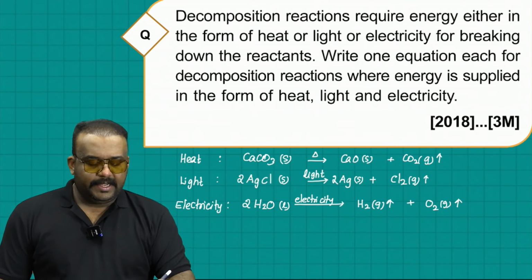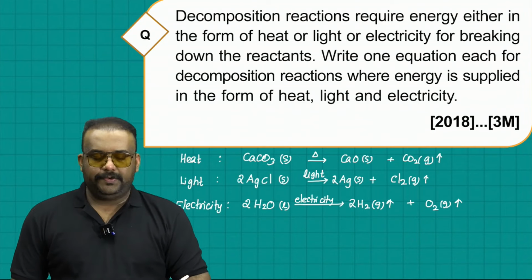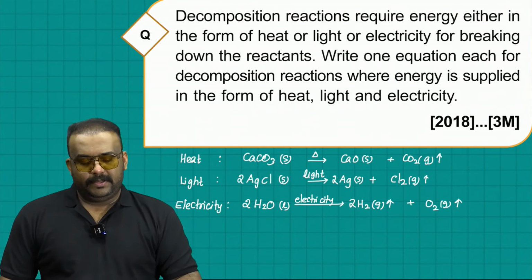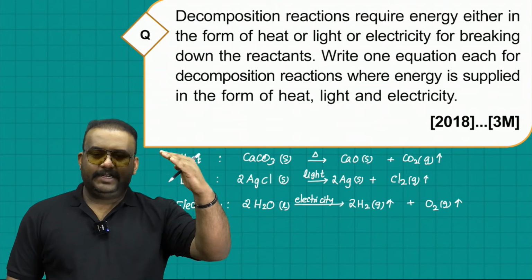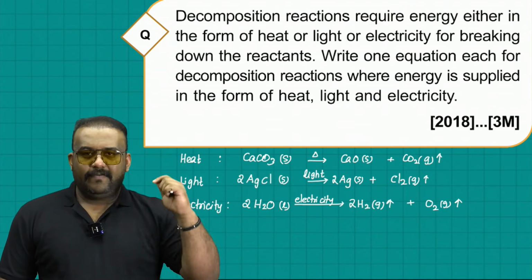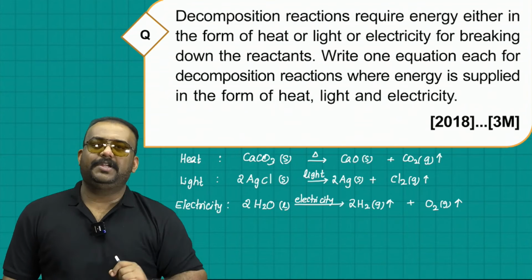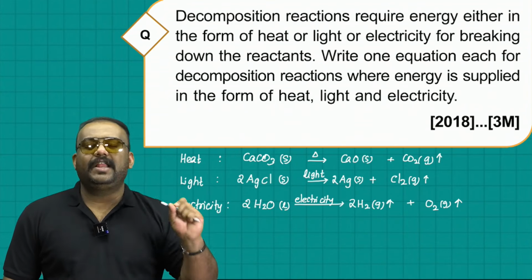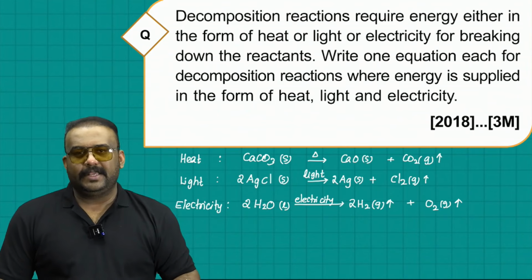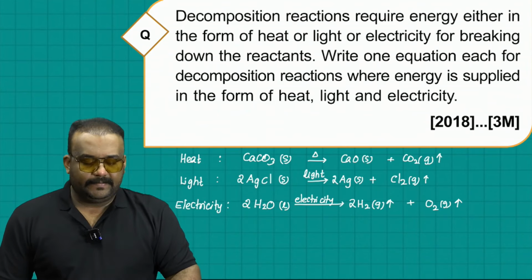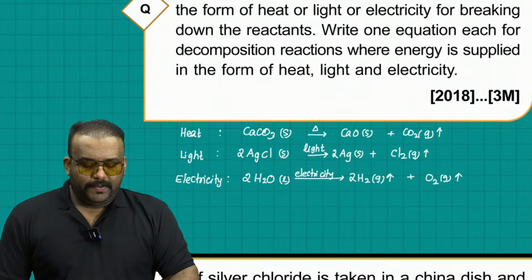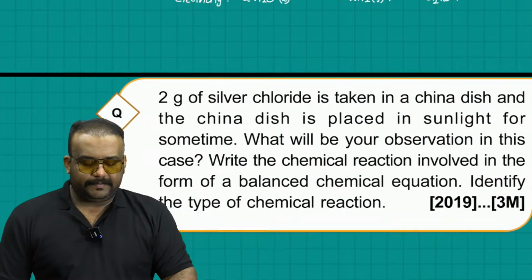So the balanced equation is 2H2O giving 2H2 plus O2. So you can see that we have listed three different examples. One for heat-induced decomposition, one is light-induced decomposition, and the other one is electricity-induced decomposition. Is it clear? Right. Now let's move on to the next question.